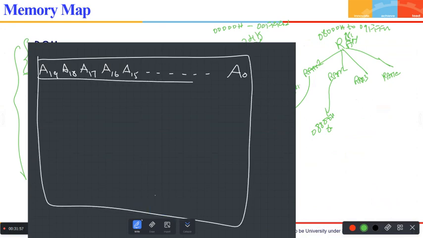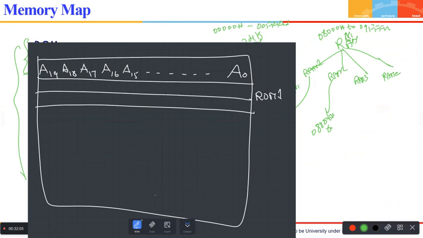Now, one column you make for ROM1. ROM1 starting address you write here. Have you understood this? Now, remember to reduce the time taken to write this.